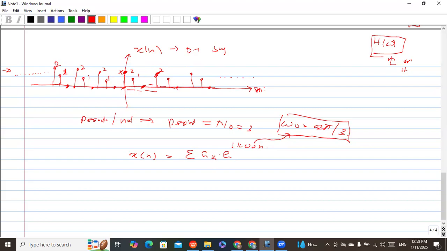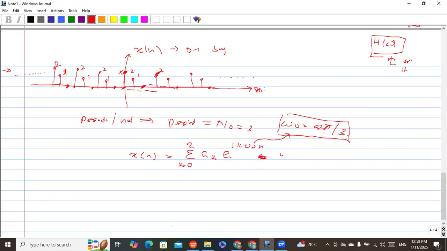So you can see that the period is 3. You need to do this addition from k equals 0 to n naught minus 1, that is up to 2. N naught is 3, n naught minus 1 means 2. So from 0 to 2 you need to find this addition. That is very simple.